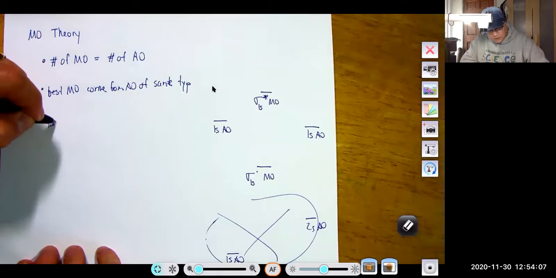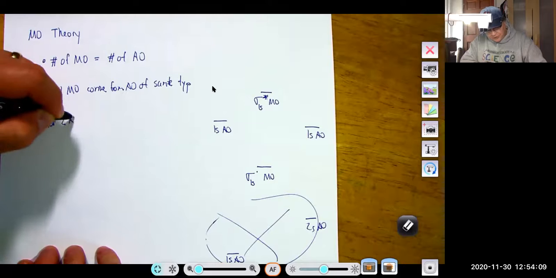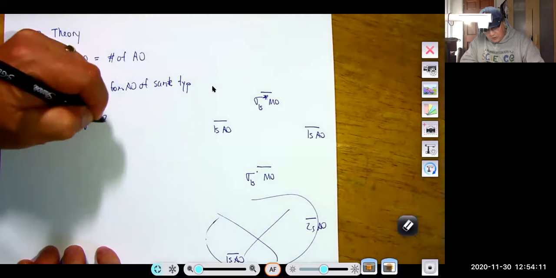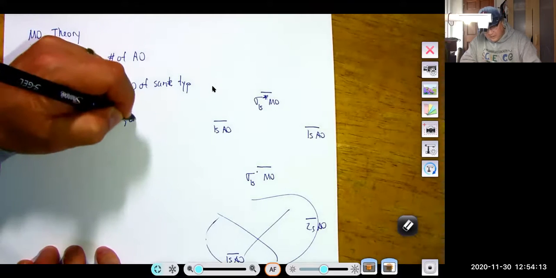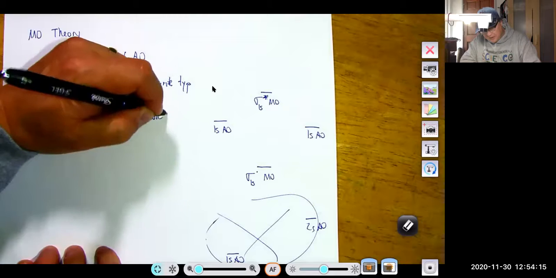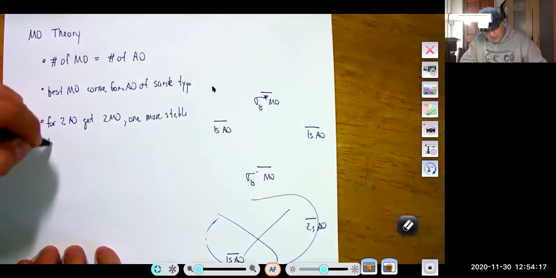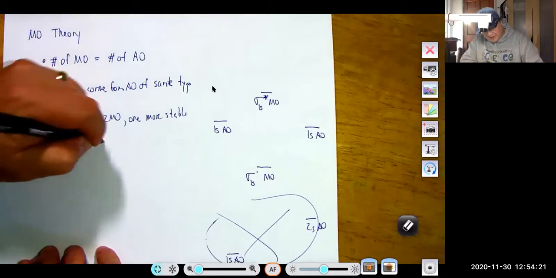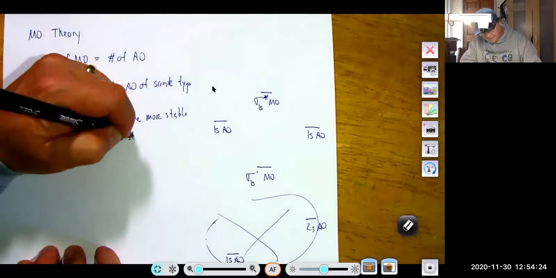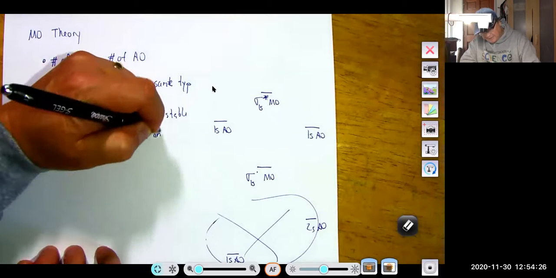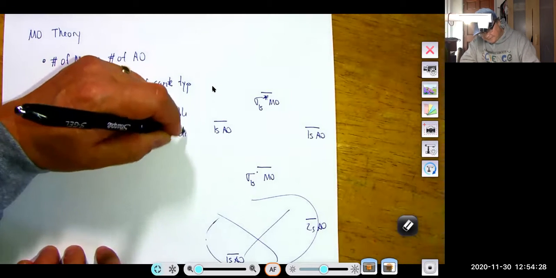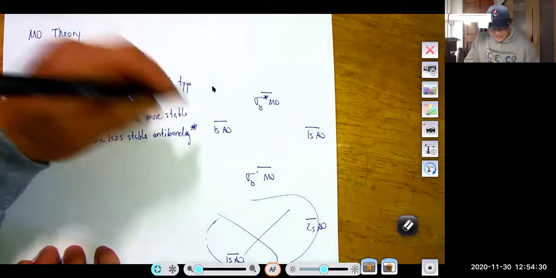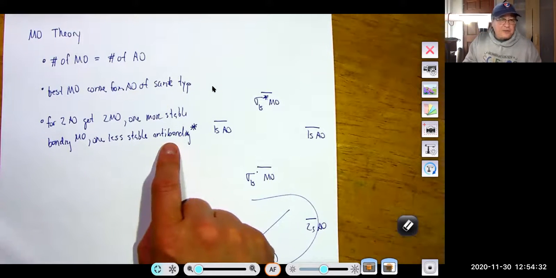For 2 AOs, you get 2 MOs, one more stable bonding MO, one less stable anti-bonding. How do we designate anti-bonding MOs?